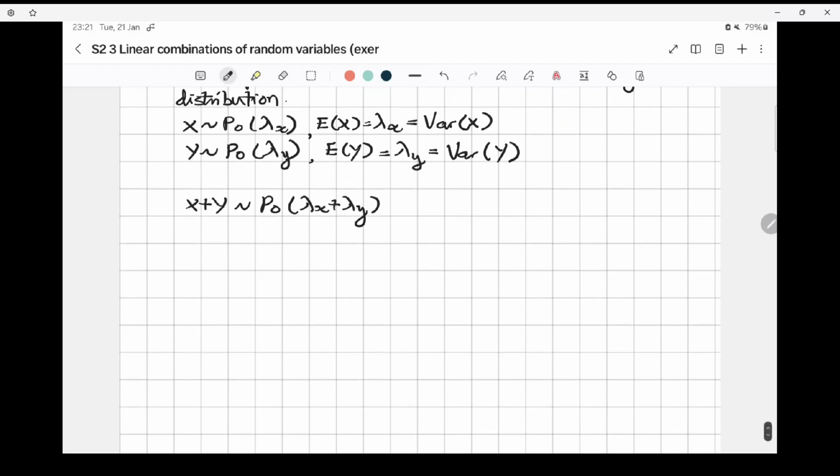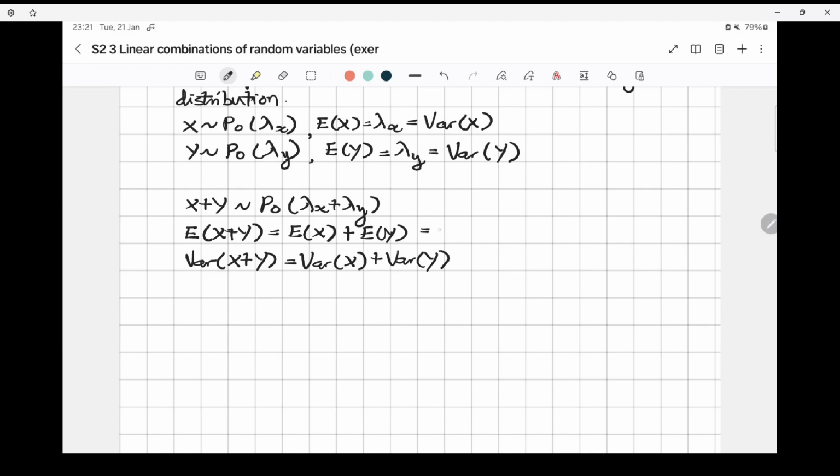The reason why is because if you have X plus Y, E[X plus Y] basically gives you E[X] plus E[Y]. And the variance of X plus Y will also give you the variance of X plus the variance of Y. And basically they are the same.